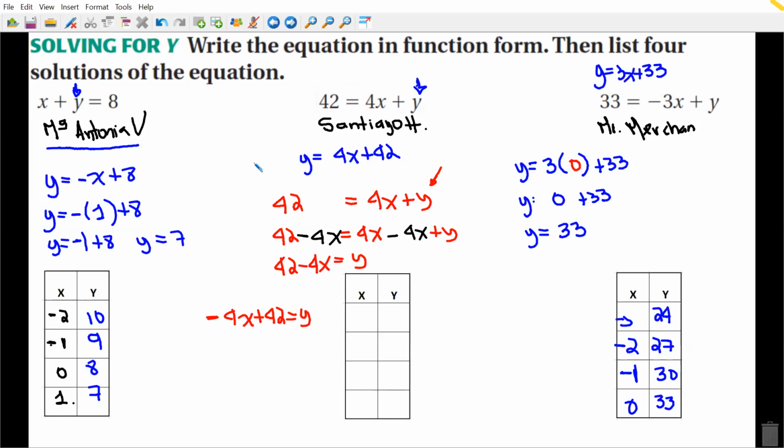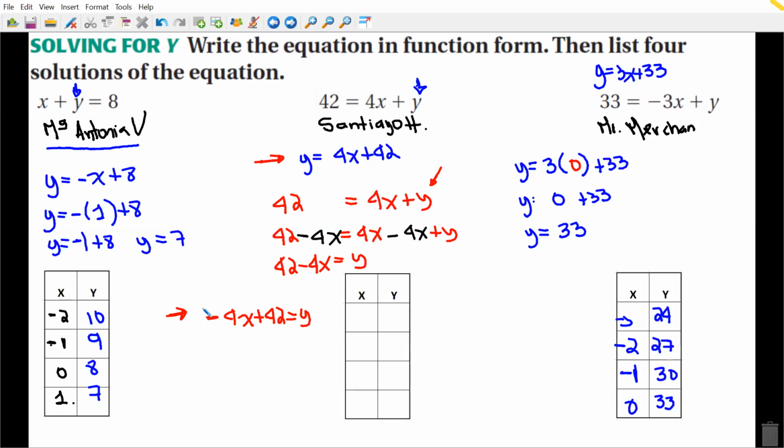And compare your answer with this answer, Mr. Herrera. The y is on a different side and the negative. Okay, that's the most important difference, the negative 4x.